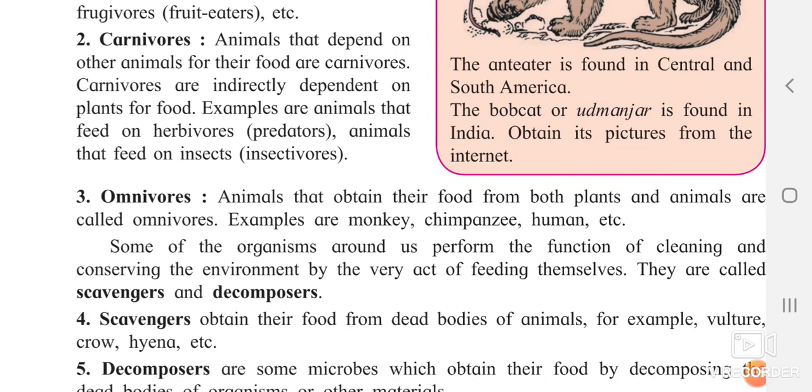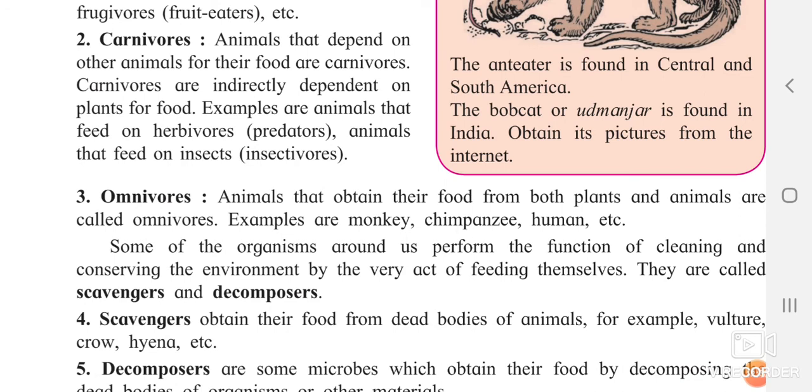Now, depending upon the role in cleaning the environment, there are two more classifications. One is scavengers. You have seen sometimes that dead animals are eaten by eagles or vultures. What they do is, when they are flying up in the sky, they observe which animal is dead, and later they consume it.